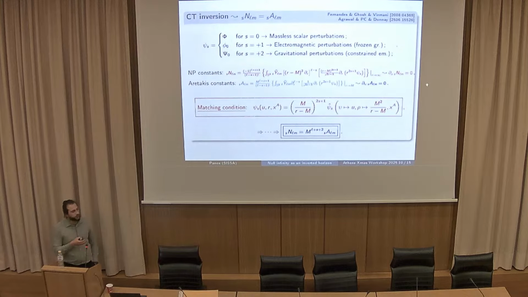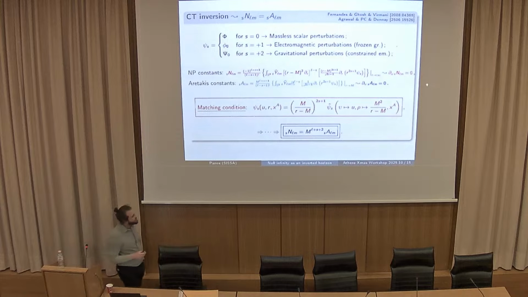Again, the existence of Couch-Torrens inversions implies these matching conditions, a direct consequence of which is the exact equality between these near null infinity constants, the Newman-Penrose constants, and the near horizon Aretakis constants.